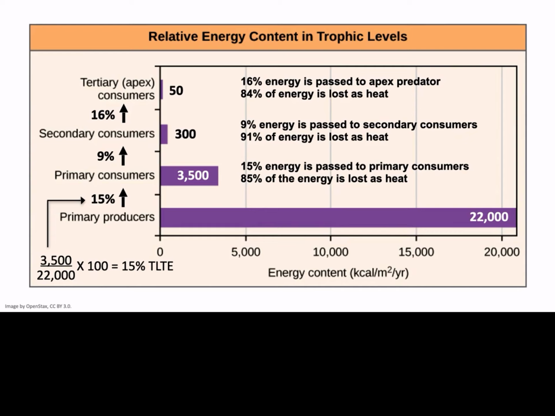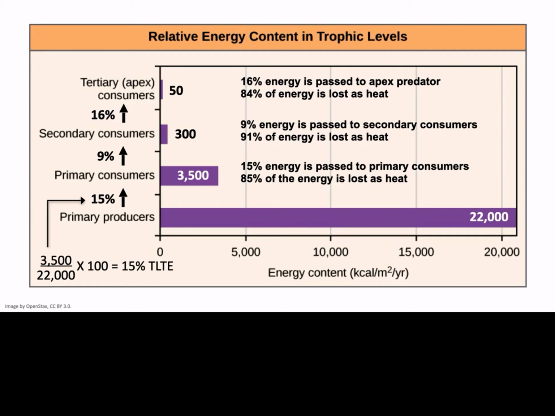The least energy is contained with our apex predators, with a total of about 50 units. Units of energy are shown here on the x-axis in kilocalories per area per year. We can see that each trophic level has less energy available as we move up the trophic pyramid.